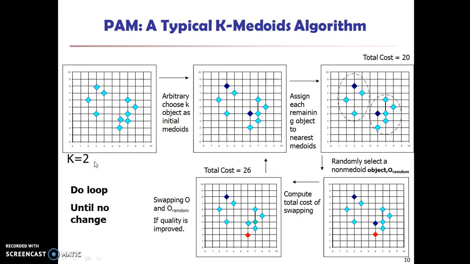See here, the first one is the given database of data points. There you have a number of data points. The given K value is 2, which means you need to create two clusters with these data points. So we identify two clusters. This is one cluster, this is another cluster. And here we need to identify medoids. A medoid is a data point which is located at the center of the cluster.